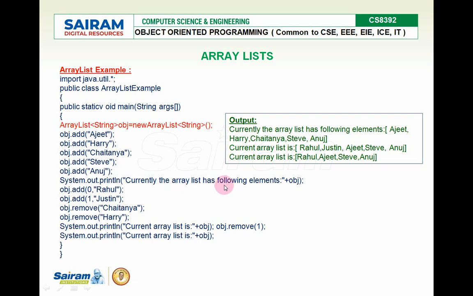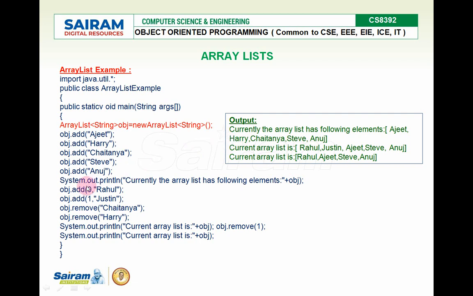So here I'm displaying the elements. Ajit, and then Harry, then Chaitanya, Steve, Anuj are the elements to be inserted inside the obj. You simply print the obj, which prints the ArrayList.